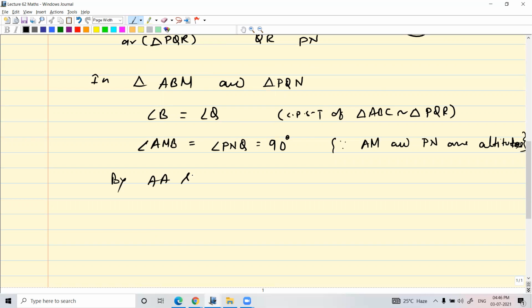By AA similarity, triangle ABM is similar to triangle PQN.